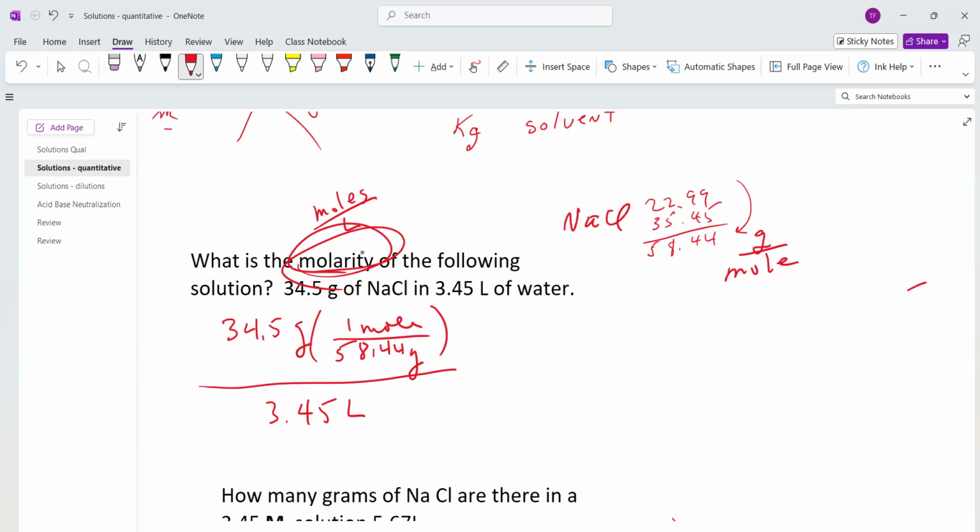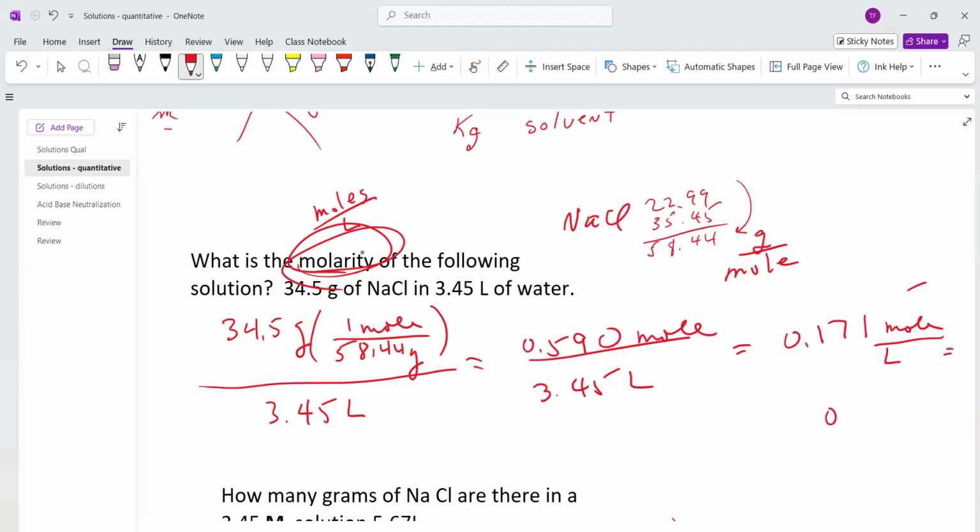So 34.5, calculator time. Okay, so that's 0.171 moles per liter, or molarity.